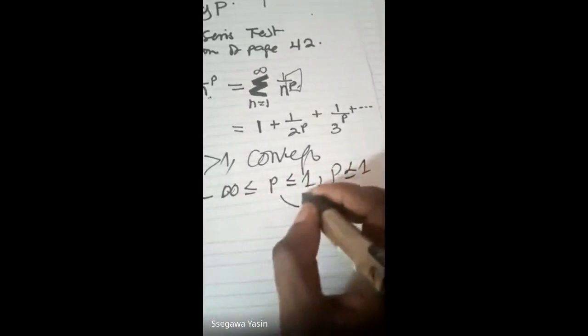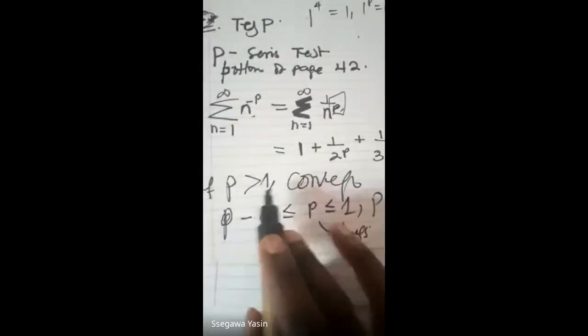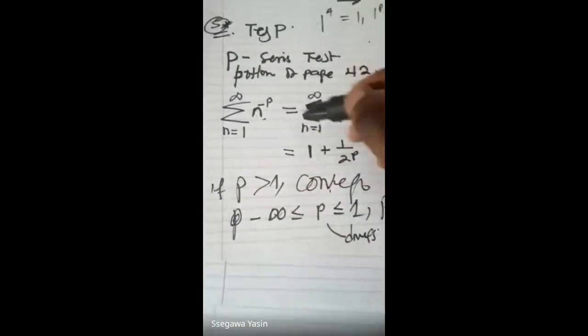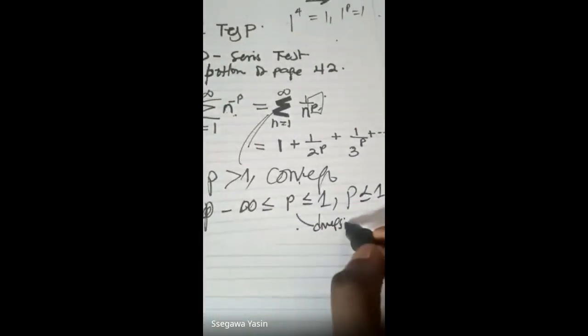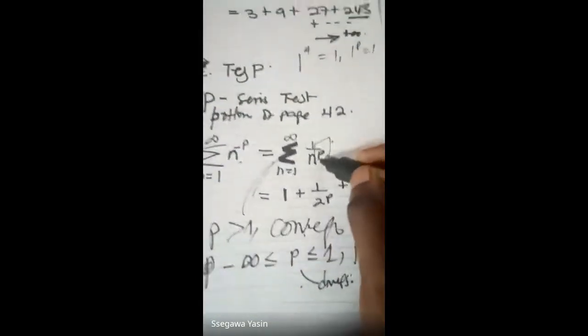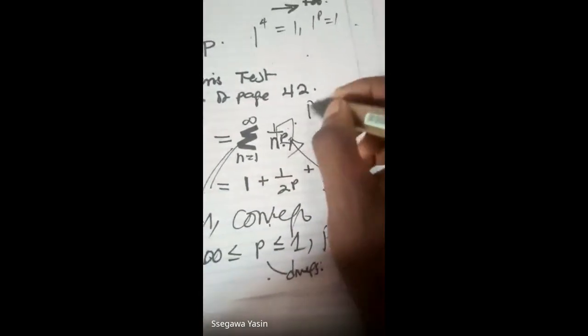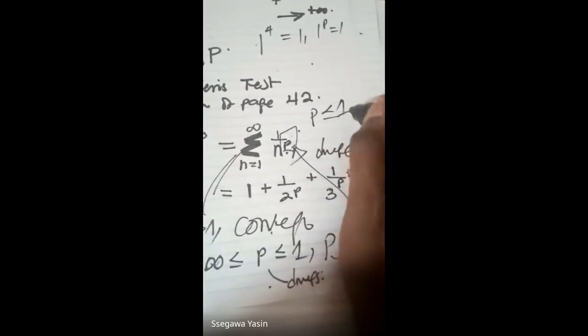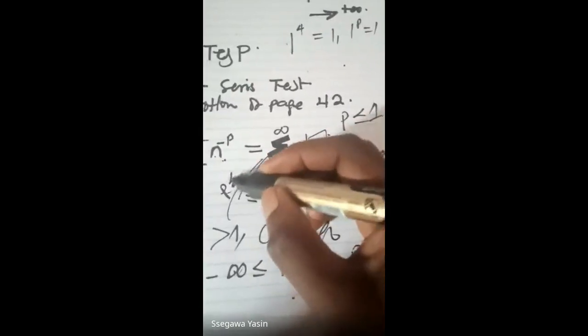That this series will diverge. So if p is greater than 1, this series will converge. If p is less than or equal to 1, I'm specific, then this series will diverge. It converges if p is greater than 1.